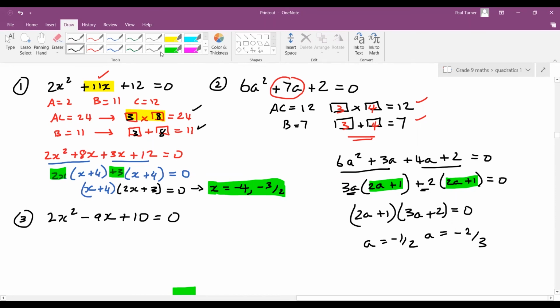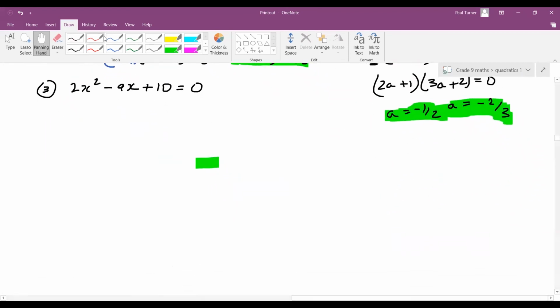Okay, looks okay there. So these are your two answers here for A and A here. So A has two answers. Not every quadratic has two answers, does it? Some have no answers, by the way.